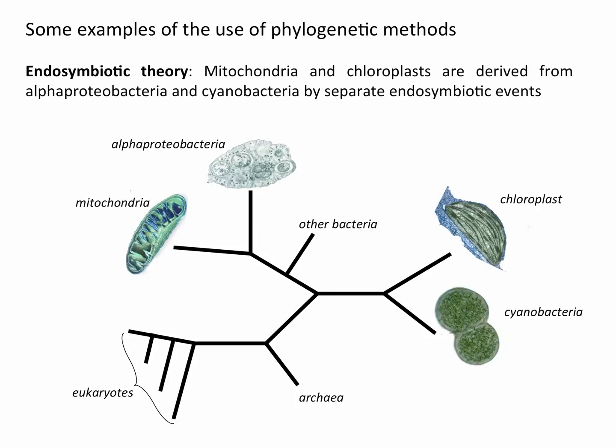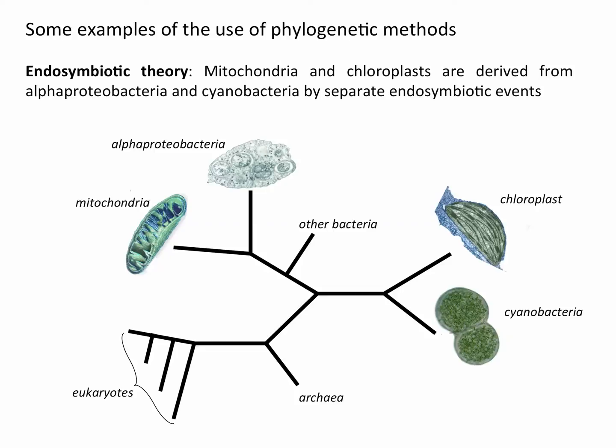Here we present some examples of the use of phylogenetic methods to solve some theoretical and practical problems. One such example is the endosymbiosis theory of the origin of eukaryotic cells from prokaryotes. This theory explains the origin of organelles such as mitochondria and chloroplasts in eukaryotic cells.